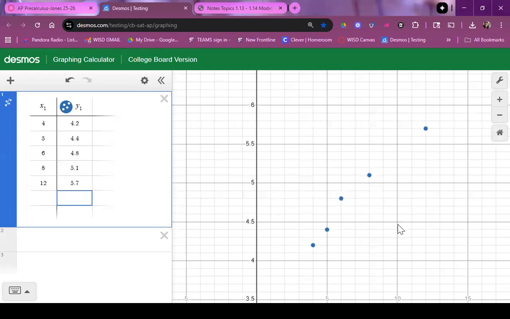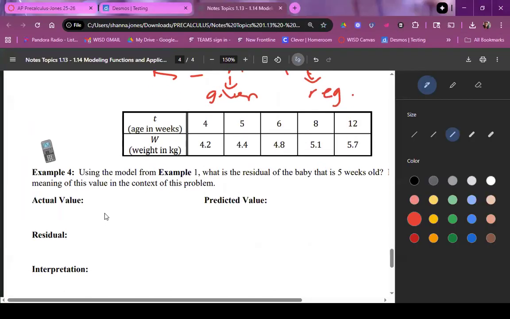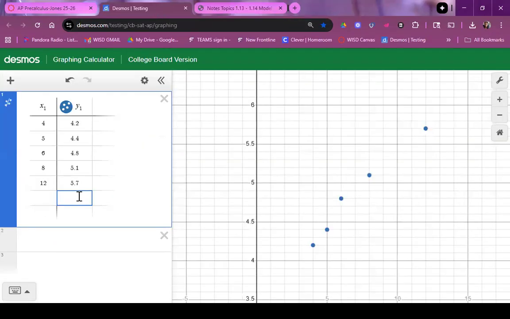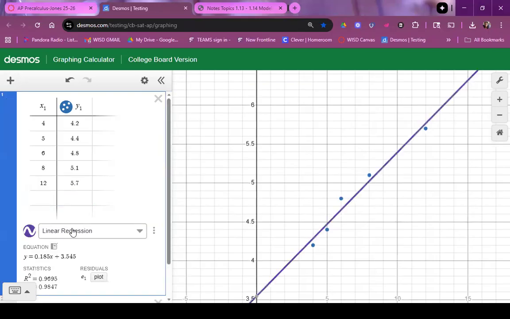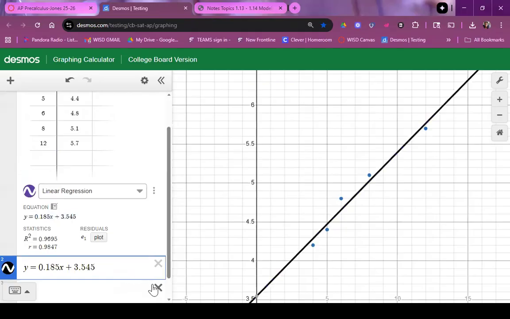And this is what the graph was, right? So I zoomed and here it is. What we're looking for is our actual value minus our predicted value. Okay. So our actual values were given to us, and our predicted values were what we got when we made our linear equation. Do y'all remember making our linear equation? Yes. So we found our linear equation.